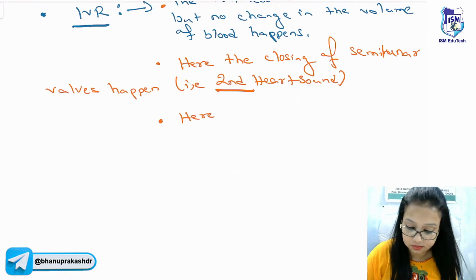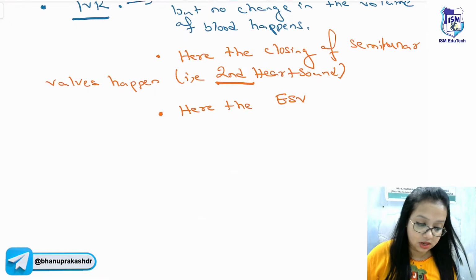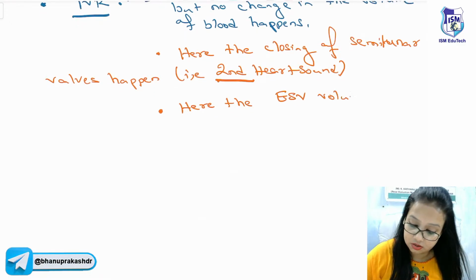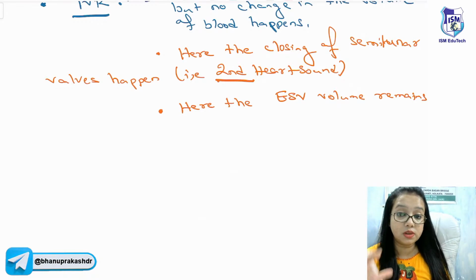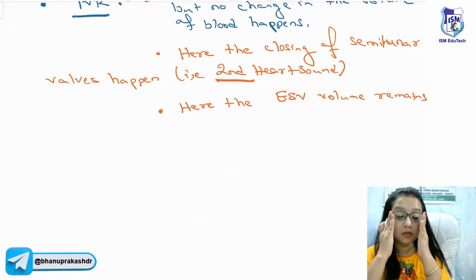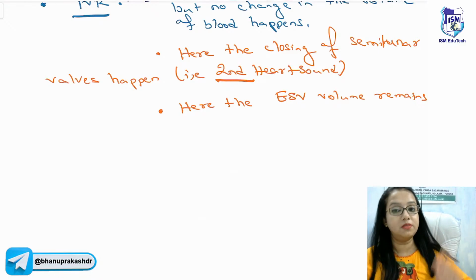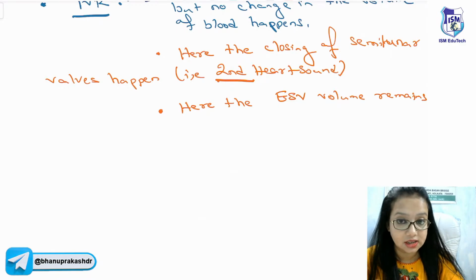Here, the end systolic volume remains. Just before this isovolumetric relaxation, the previous systole, the previous contraction, has happened.